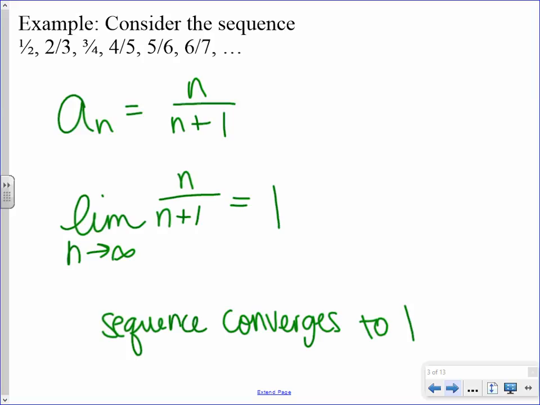Okay. Next sequence. Rewrite this. Jeff? 1 over 3 to the n.